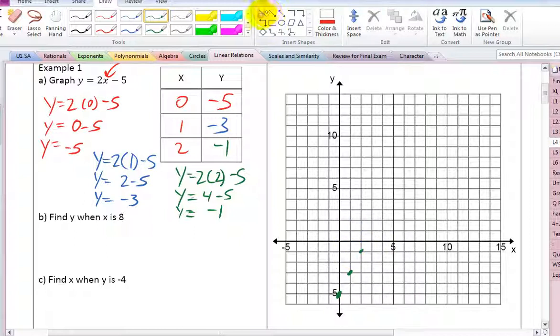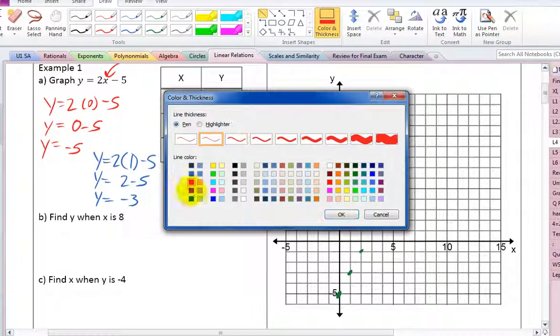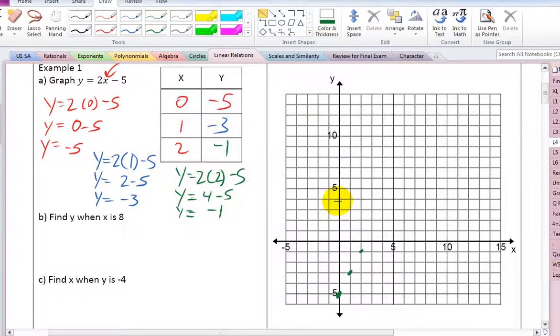So what we want to do is make a long line. We don't want to make a small line because a small line isn't really telling us too much. You touch one corner of the grid and make a line through your points and touch the other side of the grid. That shows that the line's going forever and ever. These lines continue. There's nothing stopping them. They go up to infinity, and they go down to -infinity.